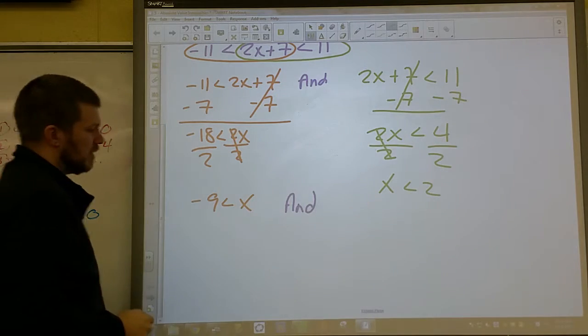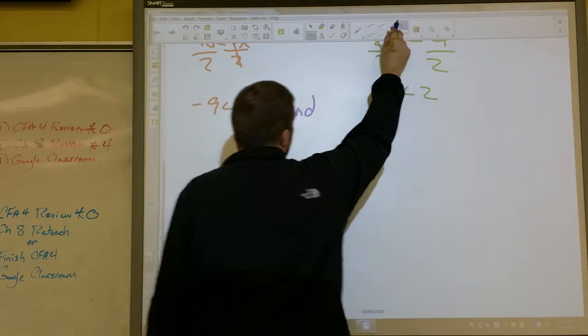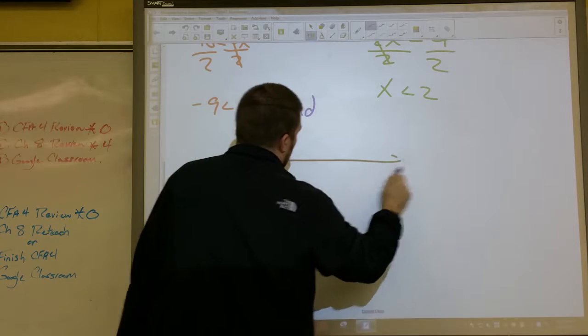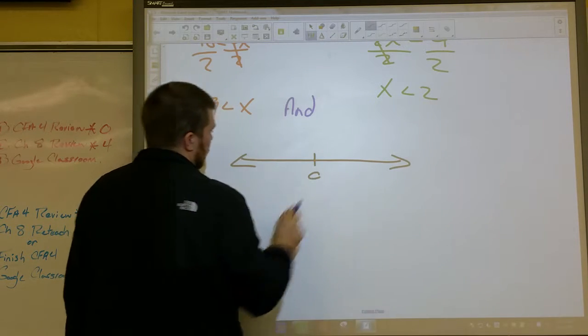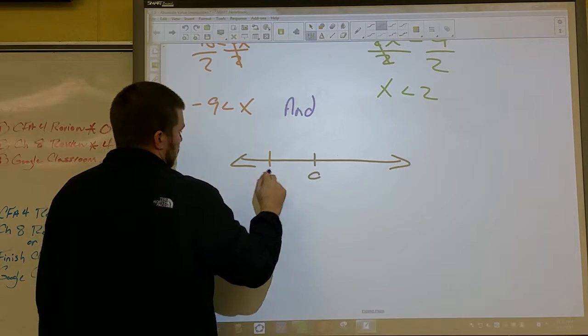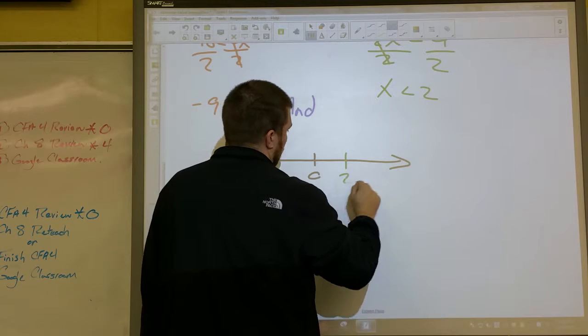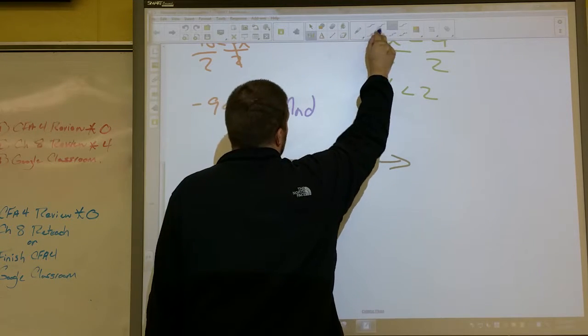Now again, we could stop here, but I'm going to graph this. Again, we only had one variable, so I'm going to draw my number line, put 0 on it like we did in the previous problems. Negative 9 is to the left of 0. Positive 2 is to the right of 0. And again, I'm going to draw my circles.